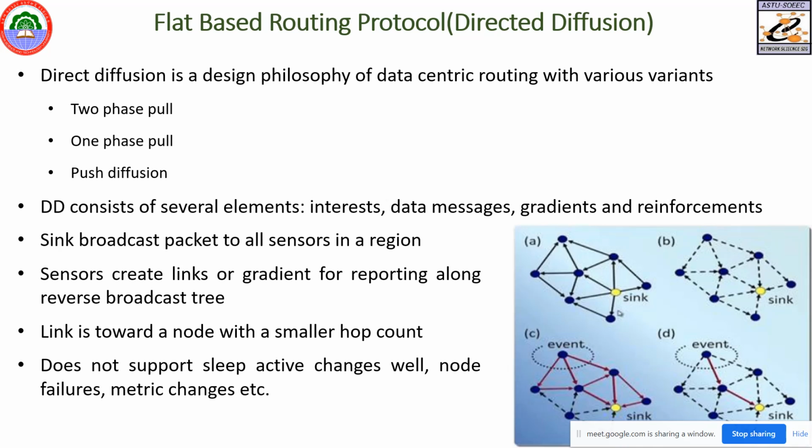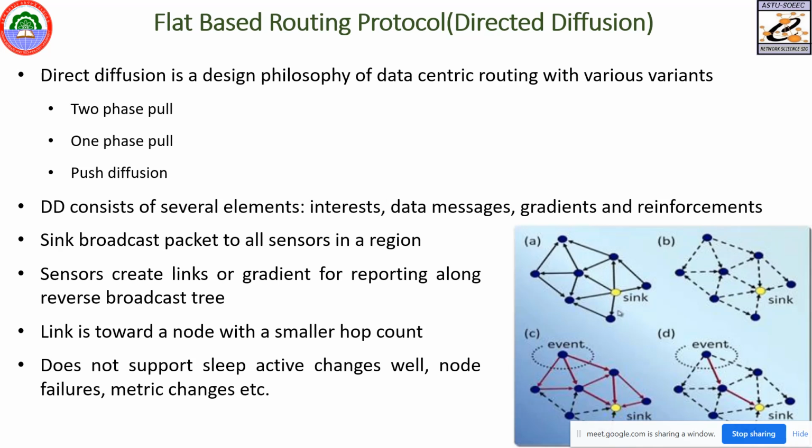The basic idea of direct diffusion is that it is a data-centric protocol, so it has to have some data to transmit. This transmission is done in three ways: two-phase pull, one-phase pull, and push diffusion.